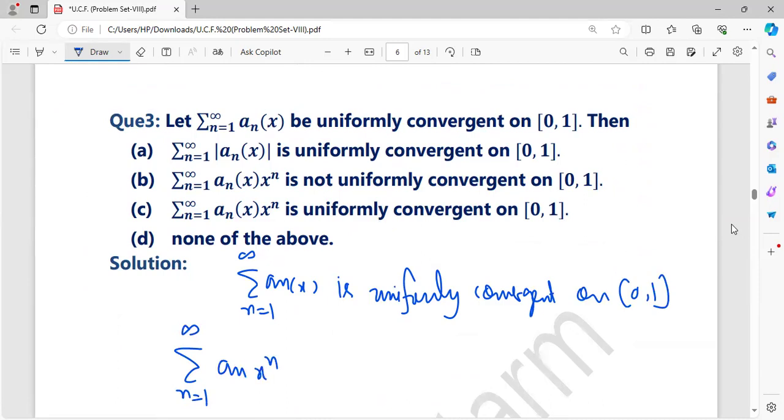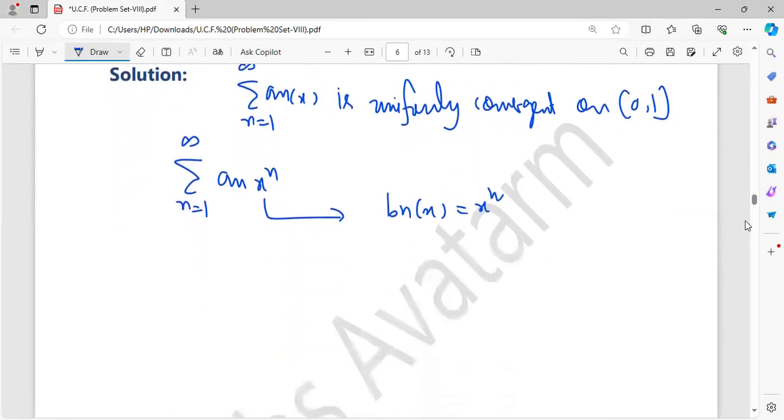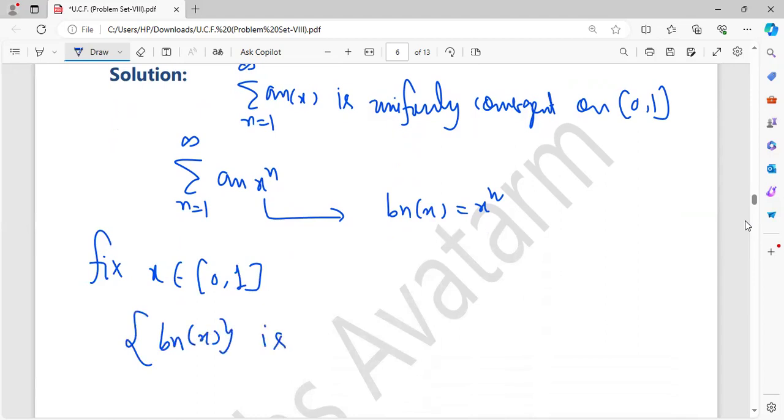What is bn(x) here? I will apply the Abel test here. You fix x belonging to the closed interval [0, 1]. Then this bn(x) is monotonically decreasing.